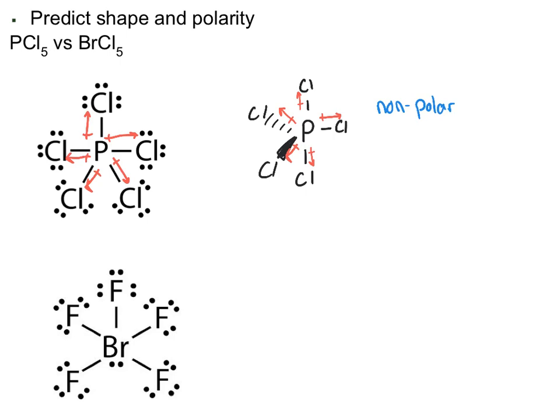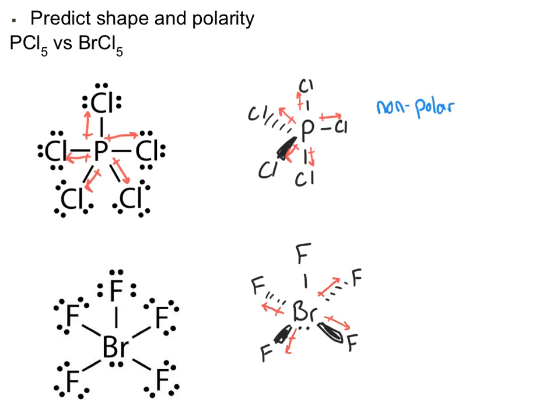However, if we then take a look at the shape of BrCl5 or BrF5 as shown here, the 3-dimensional shape looks like this. And so our overall VSEPR shape of this molecule is going to be a square pyramidal molecular geometry. And we can see here that we have 4 polar bonds. However, these are all in the equatorial position.